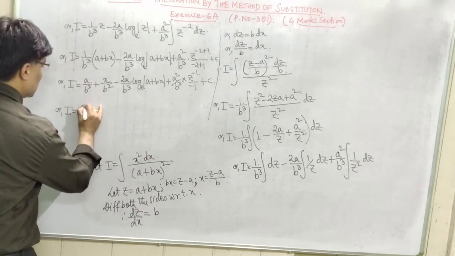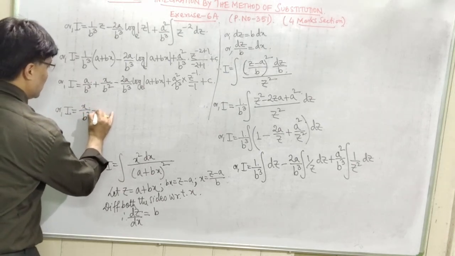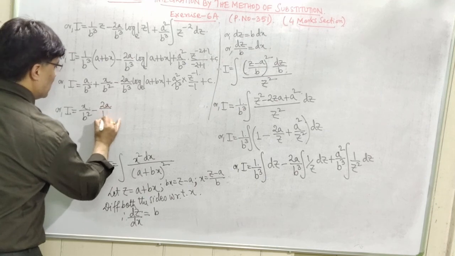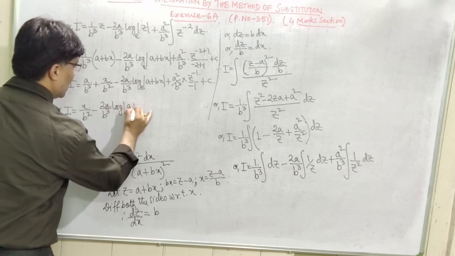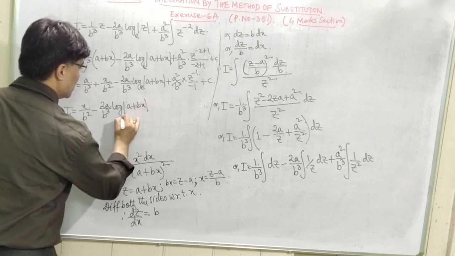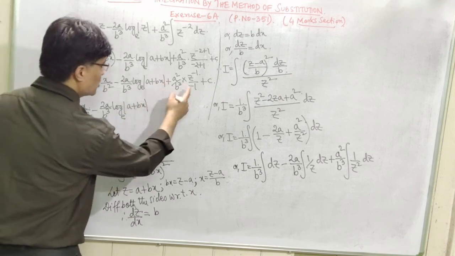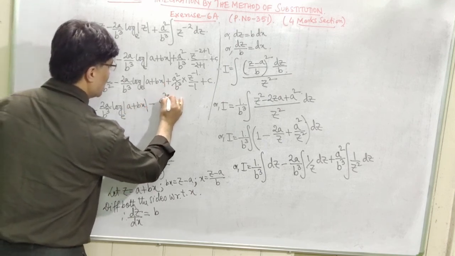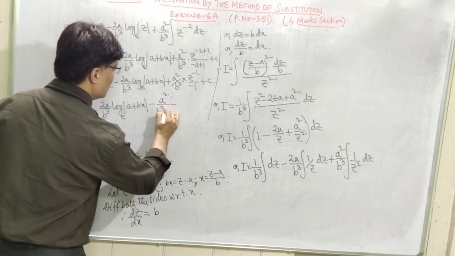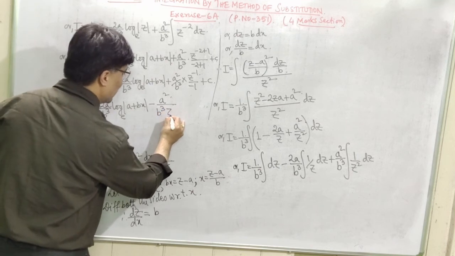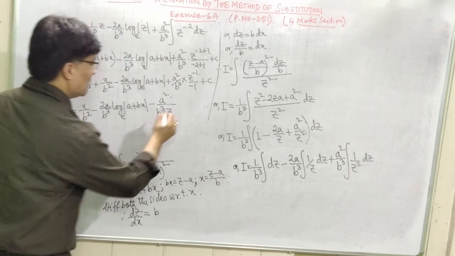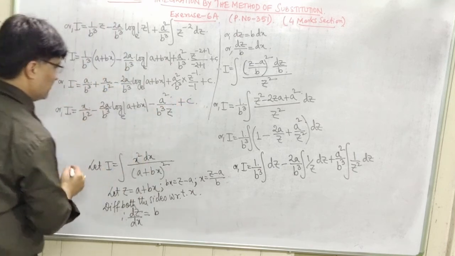So next, this is x by b square minus 2a by b cube log within mod a plus bx, the base is e, plus and minus is minus a square divided by b cube. Z to the power minus 1 can be taken to the denominator to make it z to the power 1. Then what do we write? Plus c.